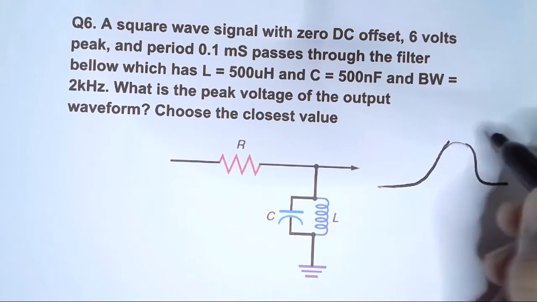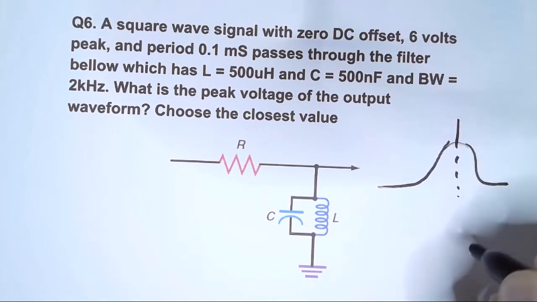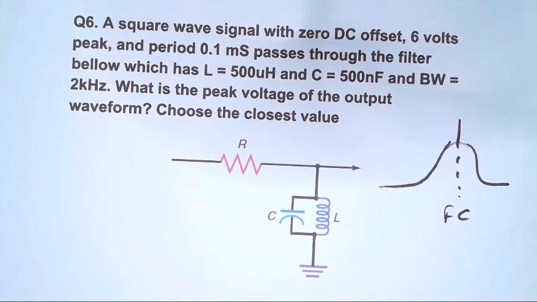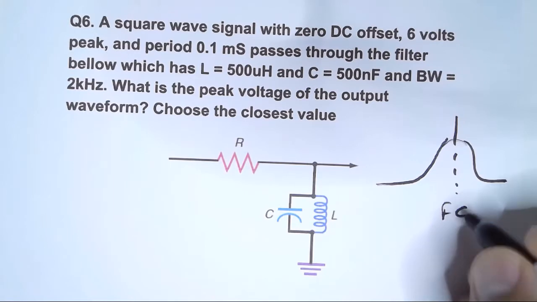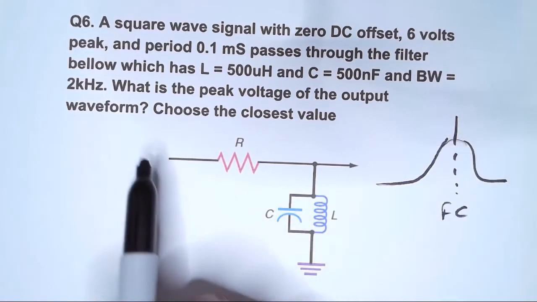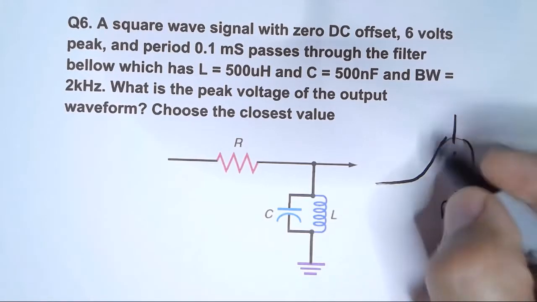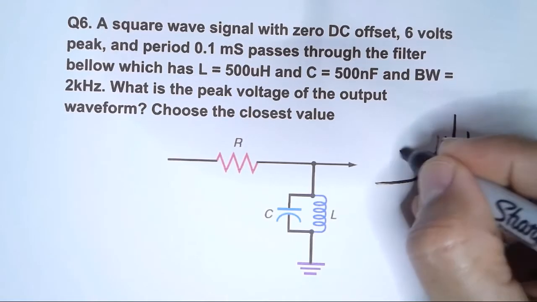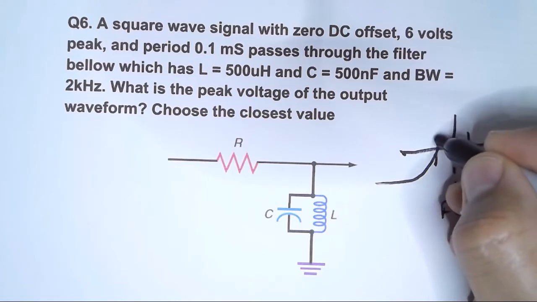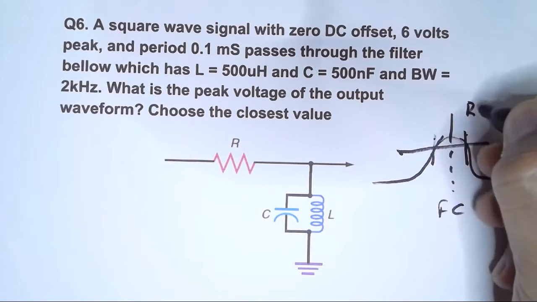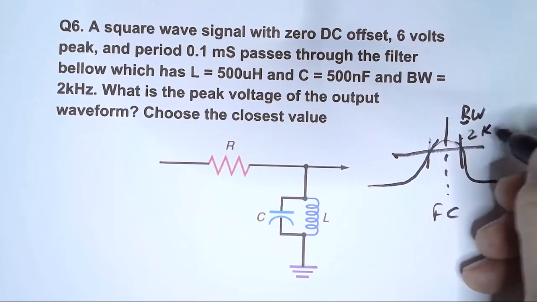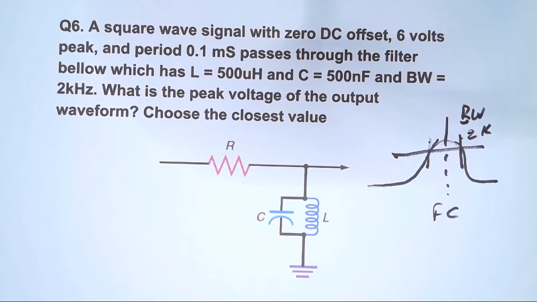So this resembles a bandpass filter that has some cutoff frequency and a center frequency. From the information here, we're told that the bandwidth is 2 kilohertz. So we have a 2 kilohertz bandwidth on that filter.